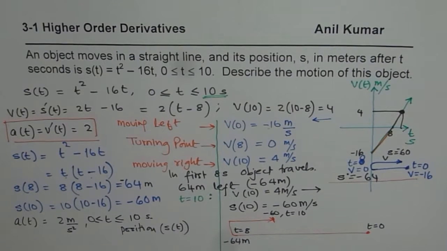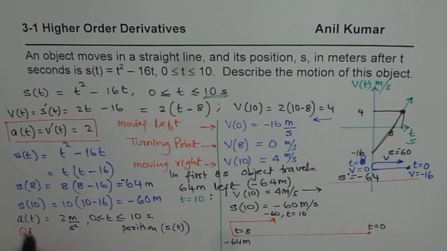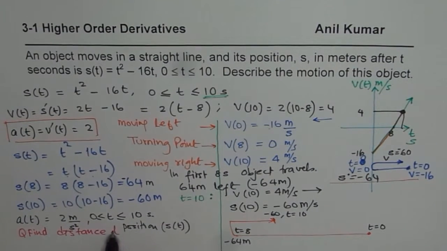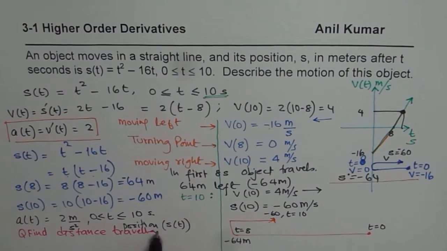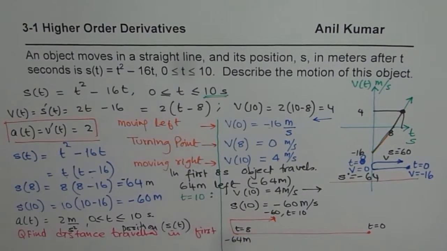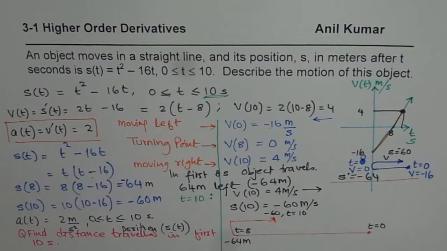Now from such questions there is one more question for you, and your question is to find the total distance traveled. I'm not saying displacement. Distance traveled in the first 10 seconds. So that is the question for you to do. You can pause the video and answer the question.